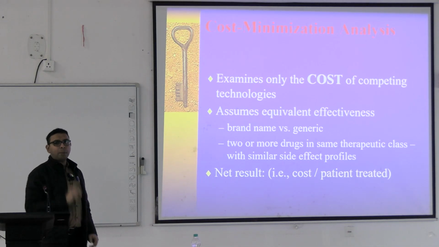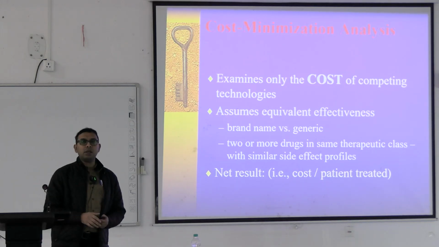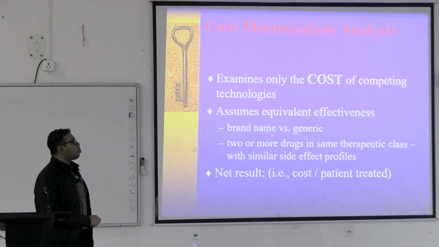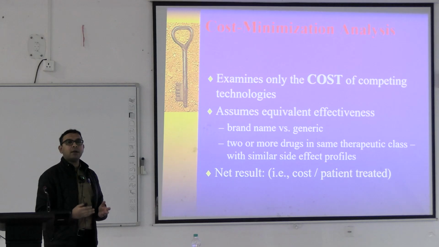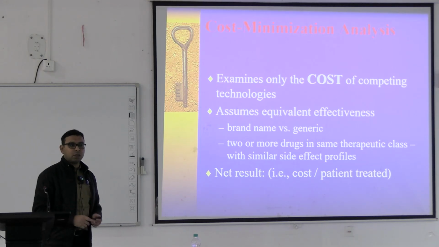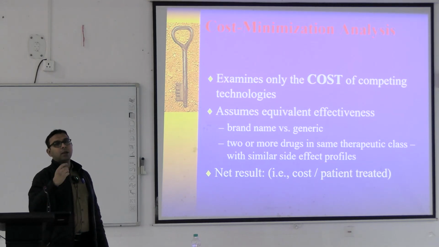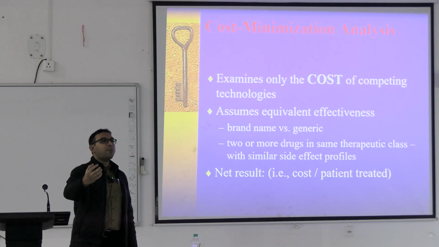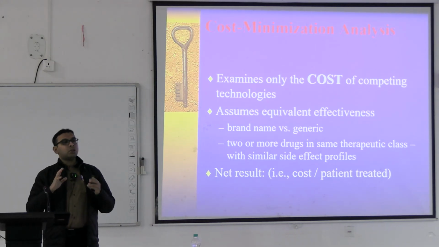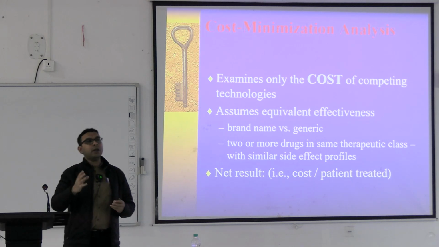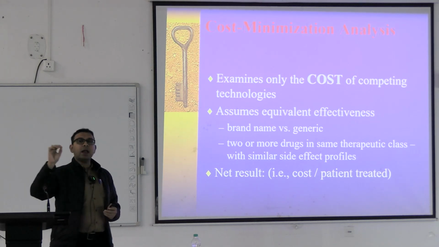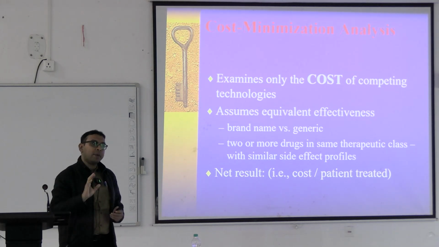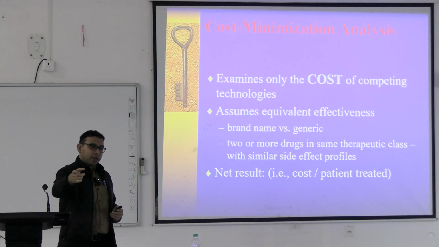In normal terms, this type of analysis is usually used for brand medicines versus generic medicines. For example, in some hospital supply, whether we are procuring some branded medicine or some generic medicine. Here we are assuming that for both the branded and the generic medicine, since the drug is the same, the consequence will be the same.